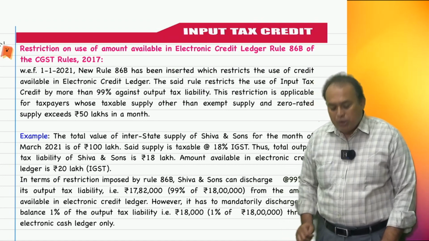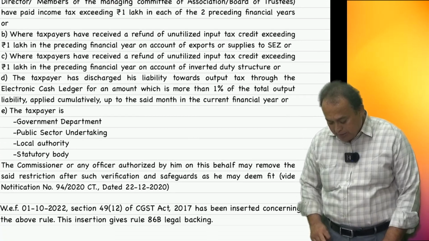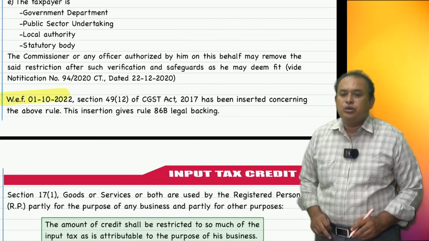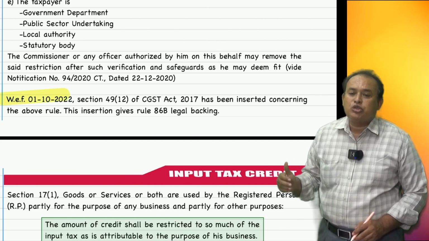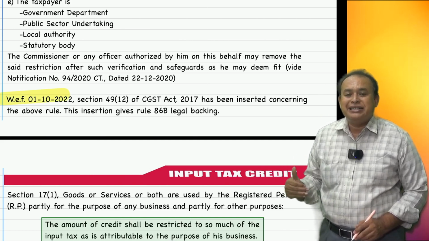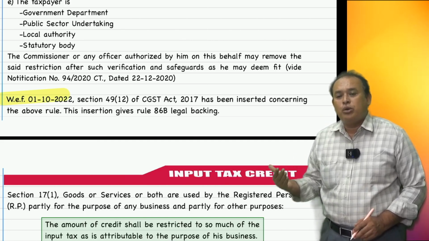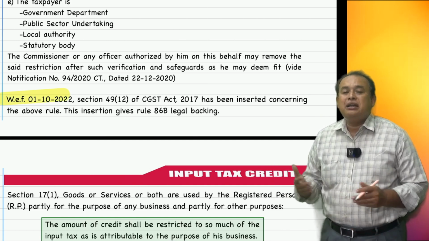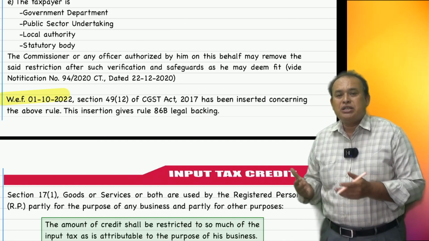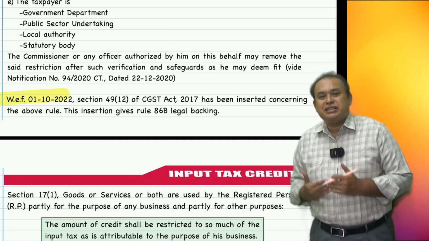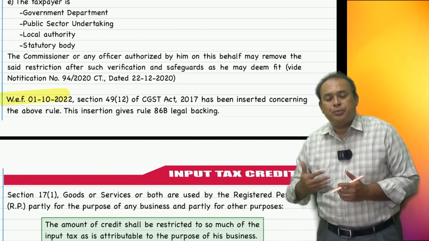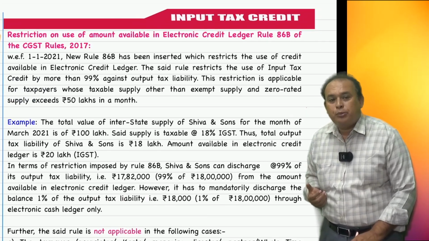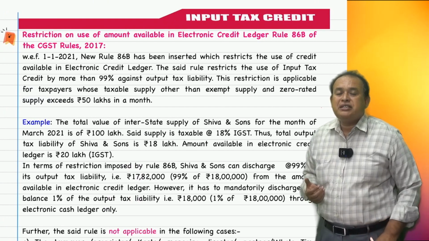That rule 86B has been replaced as a section from 1st October 2022. Section 49 subsection 12 of the CGST Act has been inserted concerning the above rule. This insertion gives rule number 86B legal backing. That means the rule is below the section. The section is the legal backup.